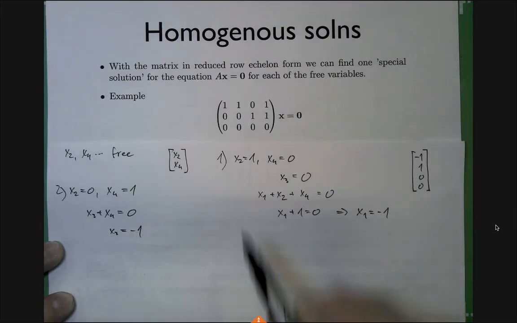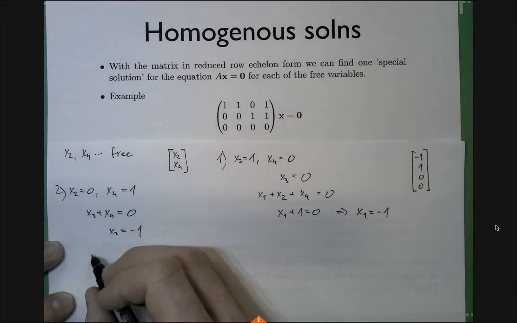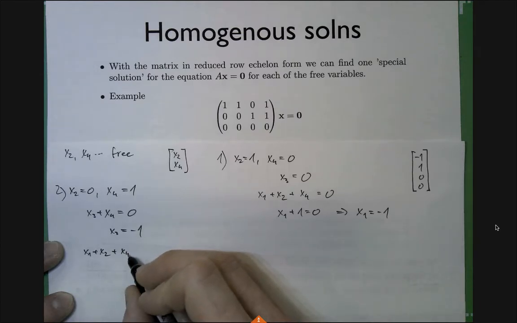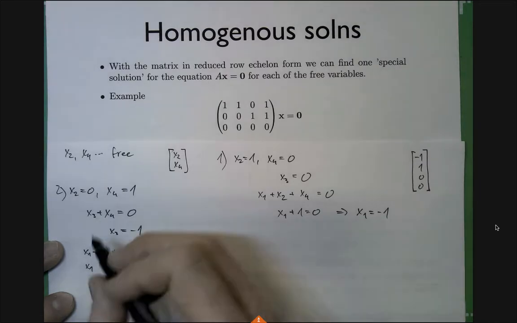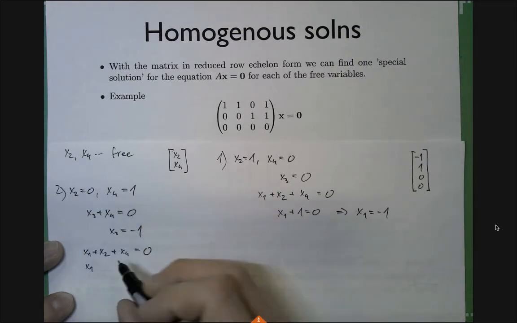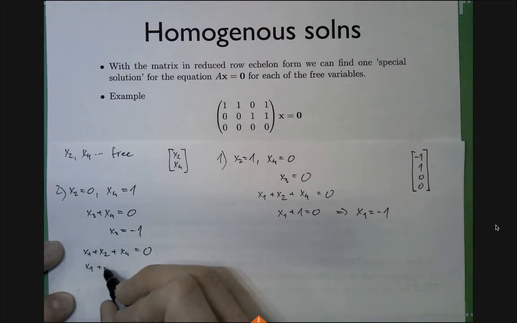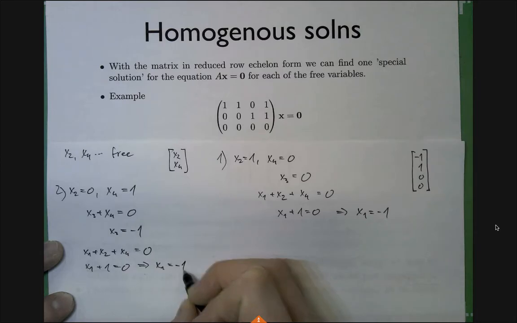Let's plug it into here. Let me do it again slowly, otherwise I'll certainly make mistakes. x1, I don't know. x2 is 0, that's what I assumed. x3 doesn't matter, and x4 is 1. So that means that x1 is minus 1 as well.